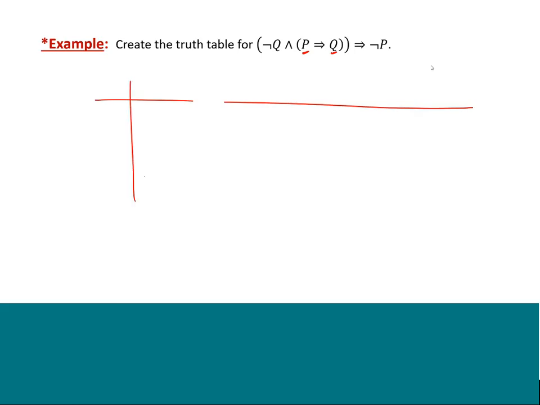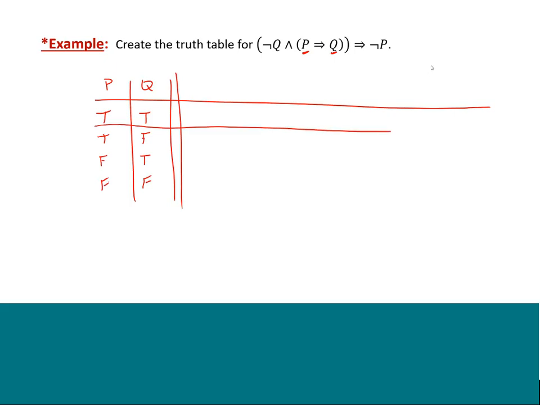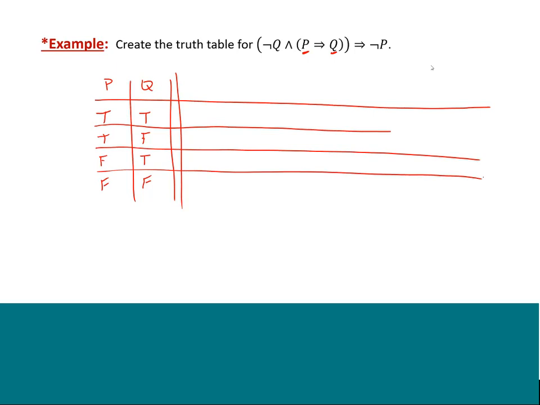When we put this truth table together, we'll have our P and our Q. P could be a true statement, and Q could also be true, but Q could also be false. Then P could be a false statement, and Q could be true, but Q could also be false. So we'll have our 4 rows. I'm going to go ahead and put lines here just so my hand doesn't weave too much when we write in the next work.